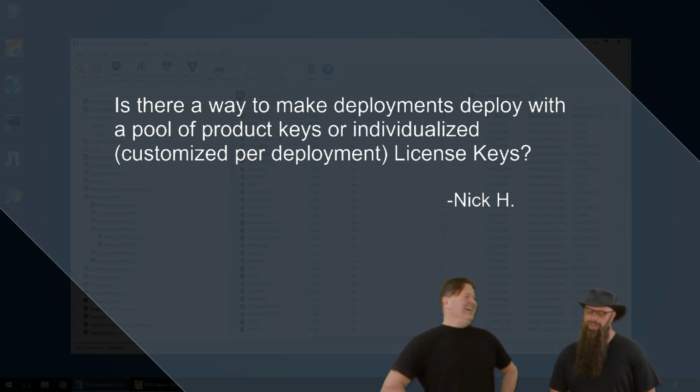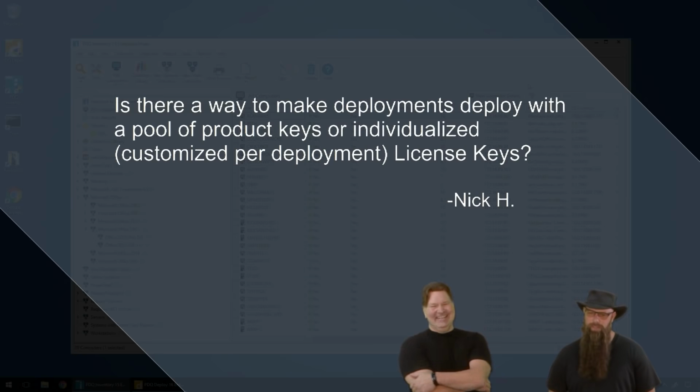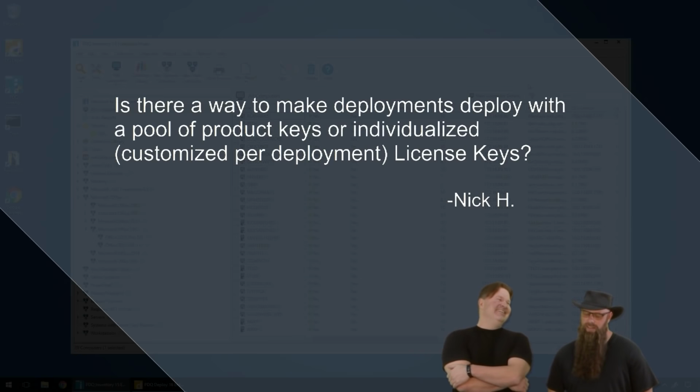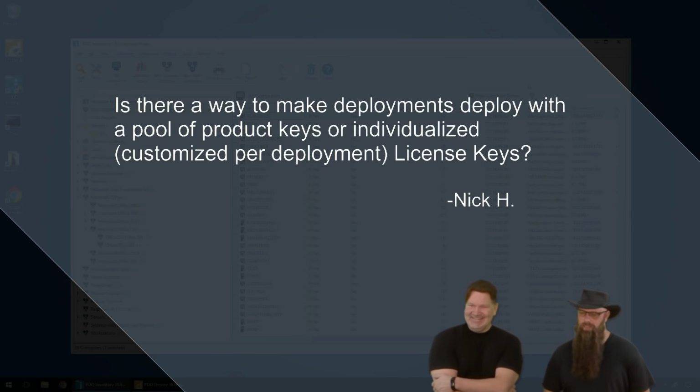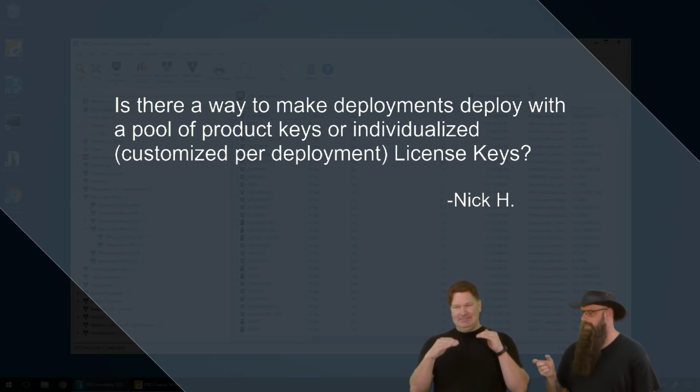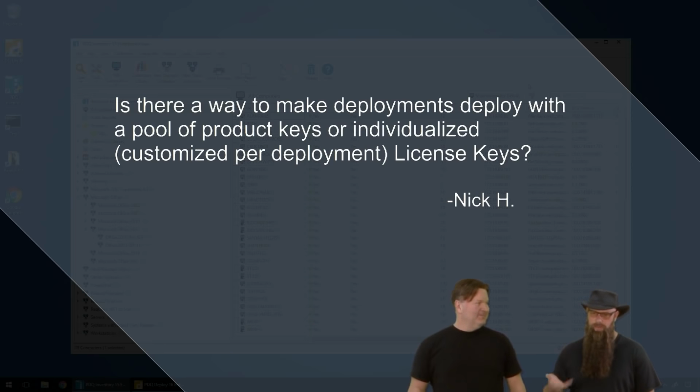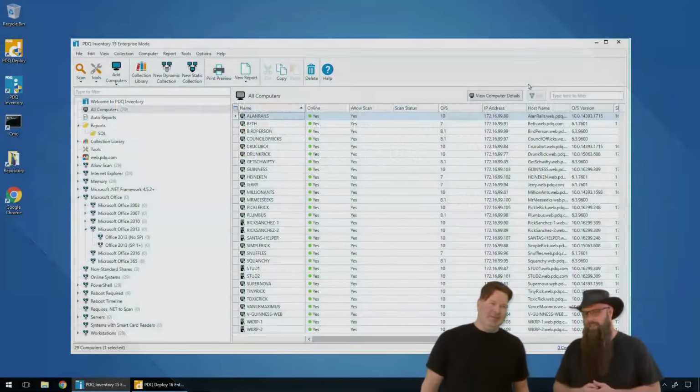Yes, there is. It's not a native feature. You'd have to script it out a little bit and have your keys listed perhaps in a file that is then referenced, and based off of certain criteria, it knows which computer to assign that to.